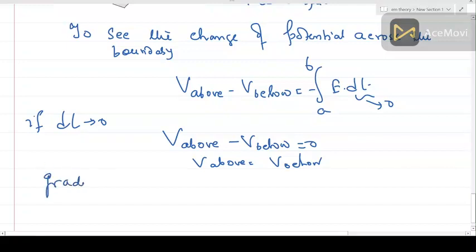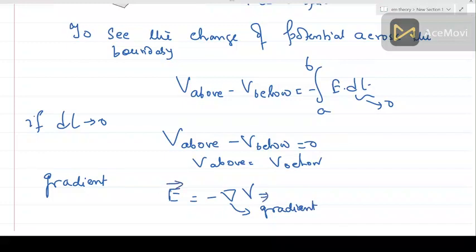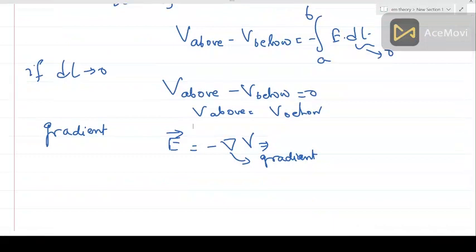Gradient is a vector mathematical operation that extracts a vector out of a scalar, and we know this definition, E is equal to minus del V. When you apply the gradient operator on a scalar quantity, you get a vector quantity. So the electric field, a vector, is obtained from the gradient of a scalar, and this is very important.